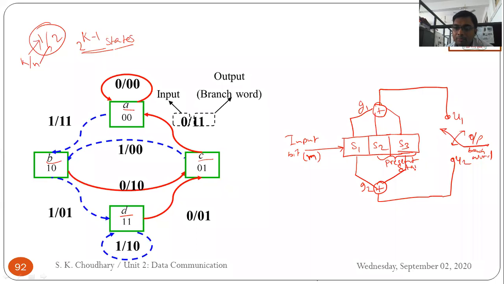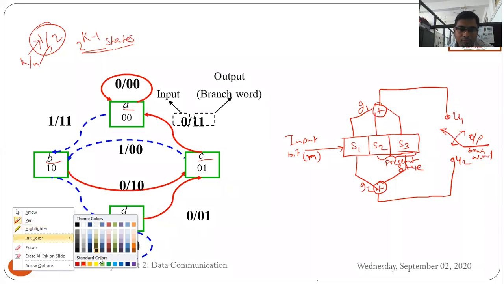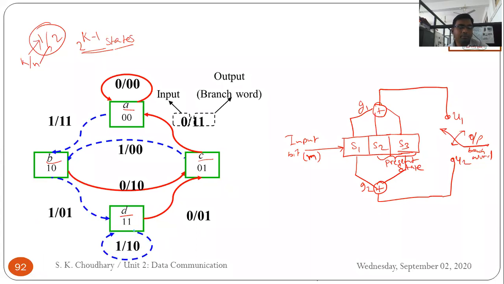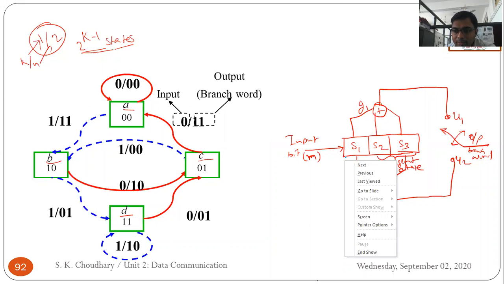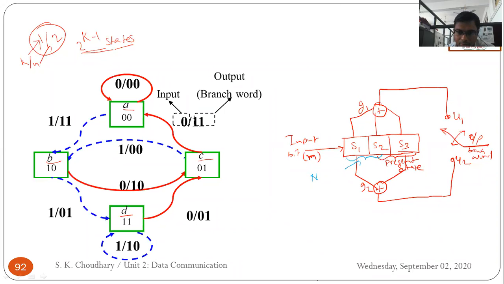And the first 2 shift registers, S1 and S2, are the representation of the next state, and the second 2 shift registers, S2 and S3, combination is the representation of the present state. That is very important to draw this state diagram.